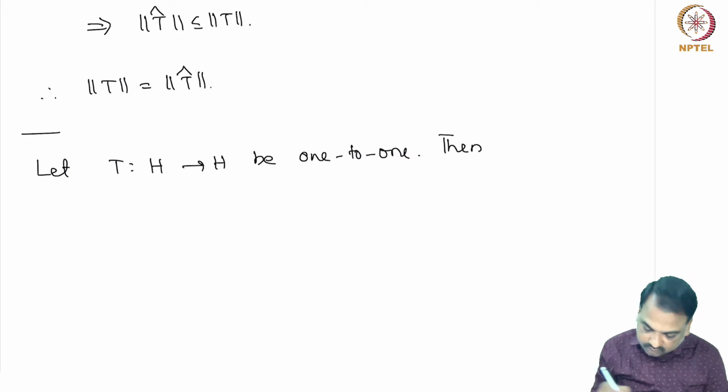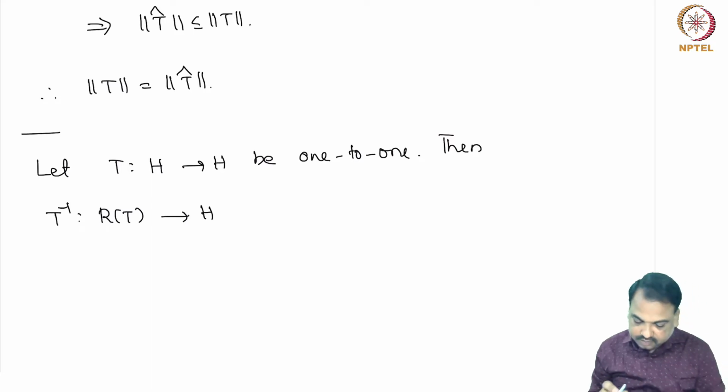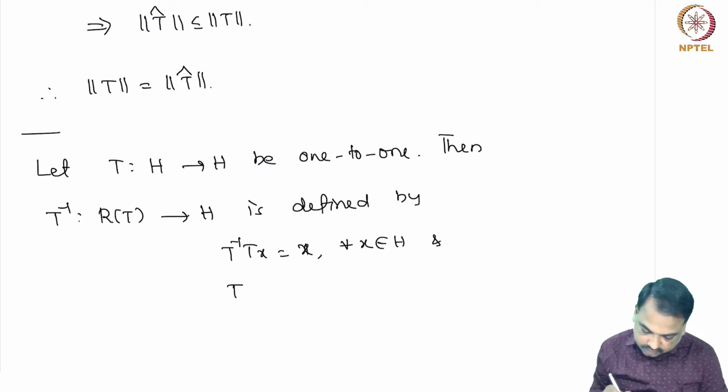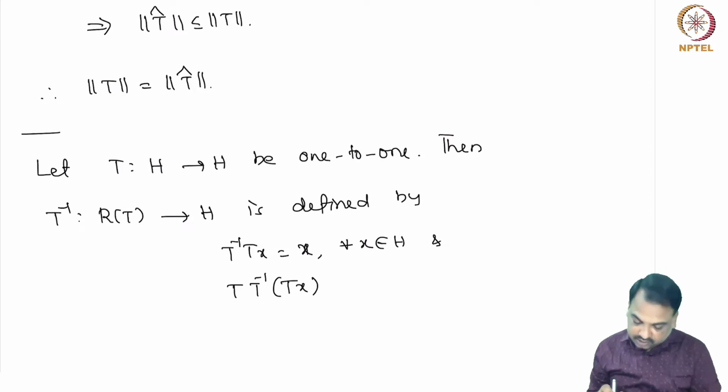Then we can define the inverse as a map from the range of T into H. This is defined as usual: T inverse of Tx is x for every x in H, and T of T inverse operates on elements of the form Tx.